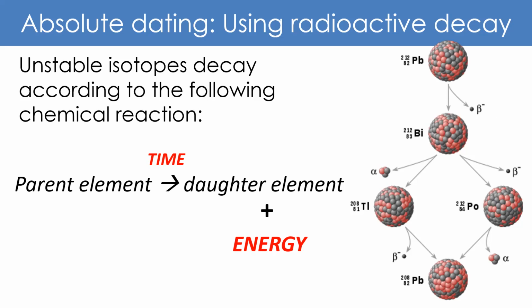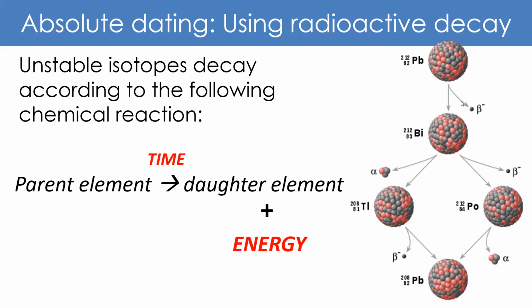So when we go from 82 protons to 83 protons, that changes its atomic number. Its atomic number goes to 83. So now we're at a different element entirely. It's now bismuth. And that change generates energy.